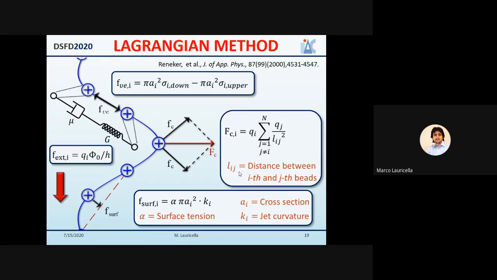So under this condition, the jet can be represented as a set of beads, where each bead is a segment and each bead evolves in time according to several force terms that here are reported in the discrete form. And we can see, for instance, again, the difference in the longitudinal stress, exactly like in the continuous form, a term which is the repulsive Coulomb force, the external electric field, and a term modeling the surface tension.